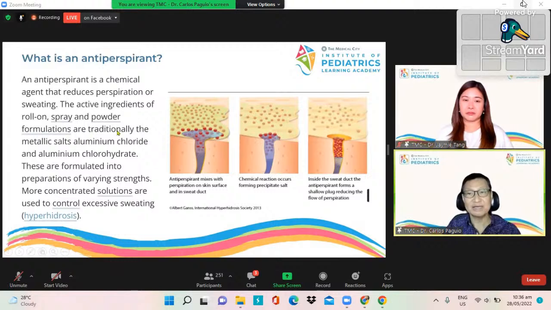And traditionally, they come out of aluminum salts or aluminum chloride. Mas advanced na po itong konti yung aluminum chlorohydrate po natin. Dok, anong mas maganda? Roll-on, spray, or powder formulation? Ang worst is spray. Pinaka-irritating sa armpit area yung spray. So roll-ons and powders are better.